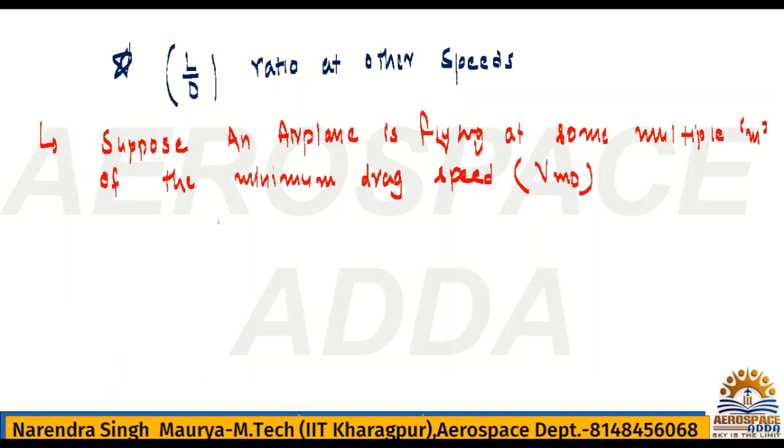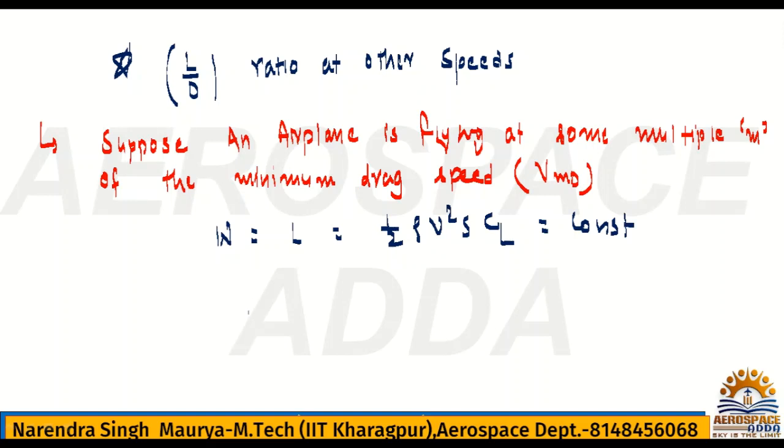What do we have? We have the weight, and the weight formula, which is nothing but lift for steady level flight, half rho V square S into CL. As we are considering weight a constant parameter, it is not going to change.